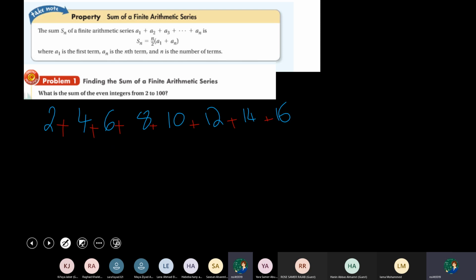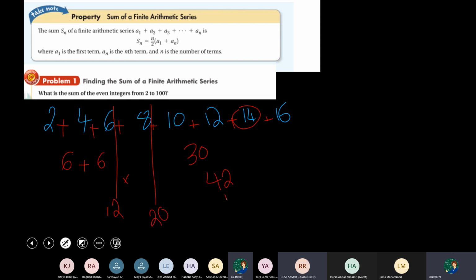I can say 2 plus 4 is 6. Then 6 plus 6 is 12. Then 12 plus 8 is 20. 20 plus 10, 30. 30 plus 12, 42. 42 plus 14, 56. 56 plus 16, 72.